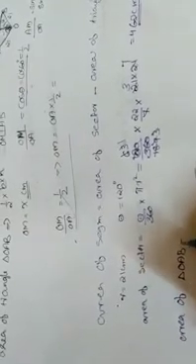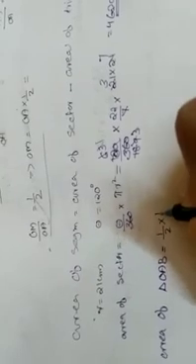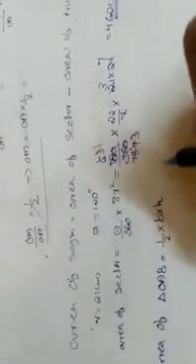Now we need to find out the area of the triangle OAB. We know the area of a triangle is half into base into height, right?